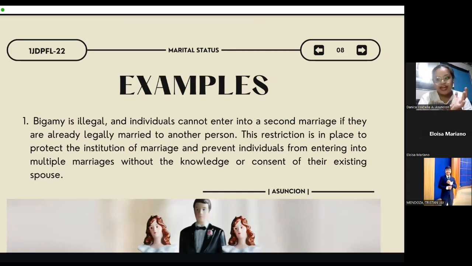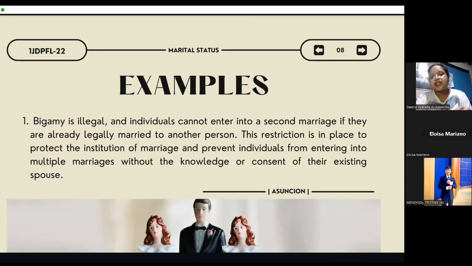For our examples, we listed several to fully grasp the concept of restricted capacity in terms of marital status. Starting off, the most common restriction is bigamy. Bigamy is illegal, and individuals cannot enter into a second marriage if they are already legally married to another person. This restriction is in place to protect the institution of marriage and prevent individuals from entering into multiple marriages without the knowledge or consent of their existing spouse.